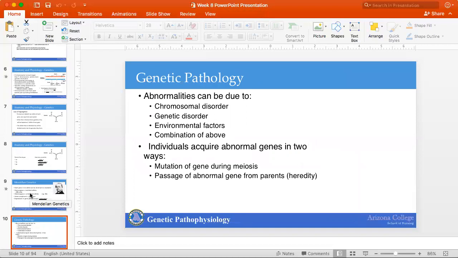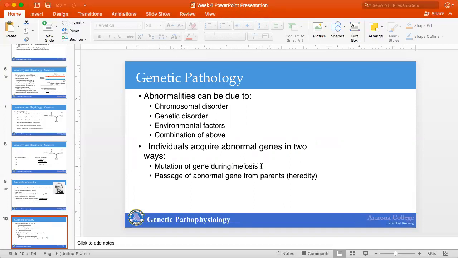Genetic pathology. Abnormalities can be due to chromosomal disorder, genetic disorder, environmental factors, which then could impact the genetic sequence itself, or a combination of above. Individuals acquire abnormal genes in two ways: either through mutation of a gene during meiosis.